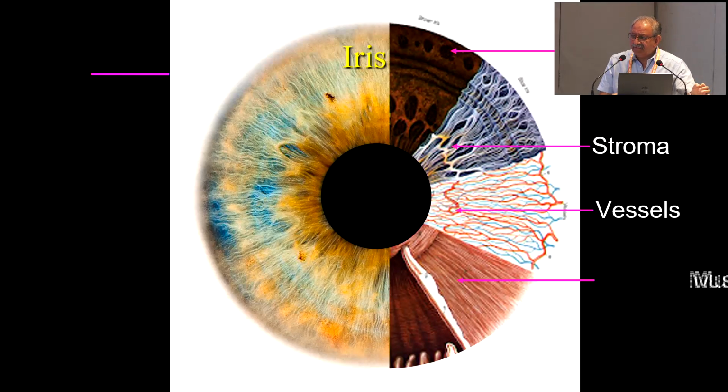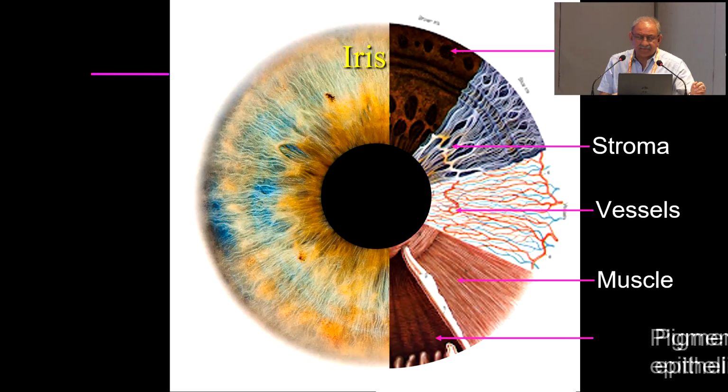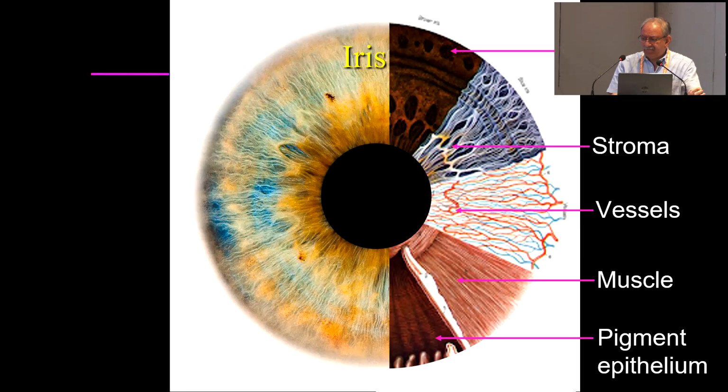You can have melanocytic tumors, which we are very familiar with, stromal tumors, vascular tumors, muscle tumors, and of course tumors arising from the pigment epithelium. Think of the iris as multiple layers, like the cornea, with epithelial, stromal and endothelial dystrophies. Same thing for the iris.